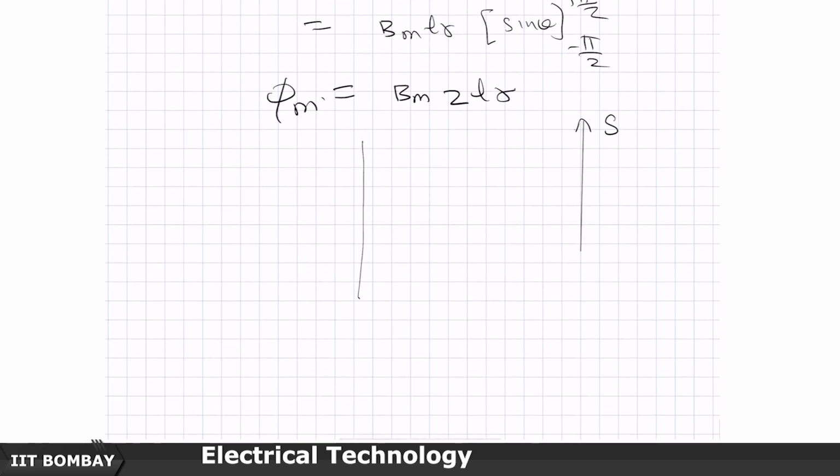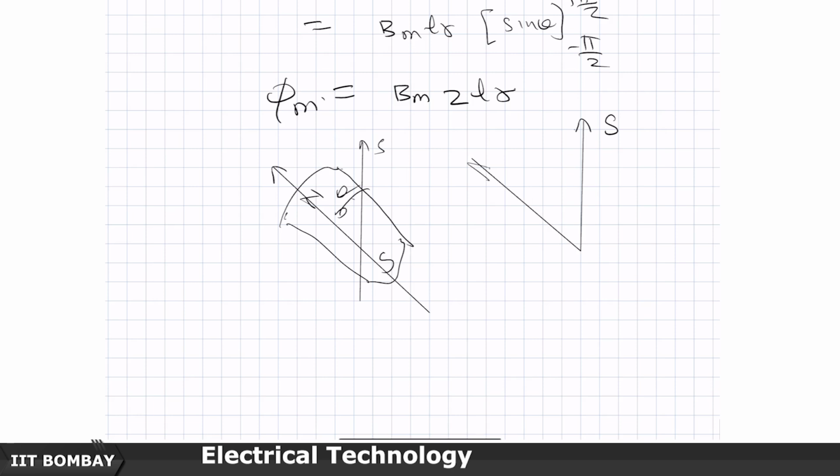The coil axis is always like this, but when the pole rotates by an angle theta, its axis, which is basically the axis of the north south pole, the phi m axis, will create an angle of theta with it.